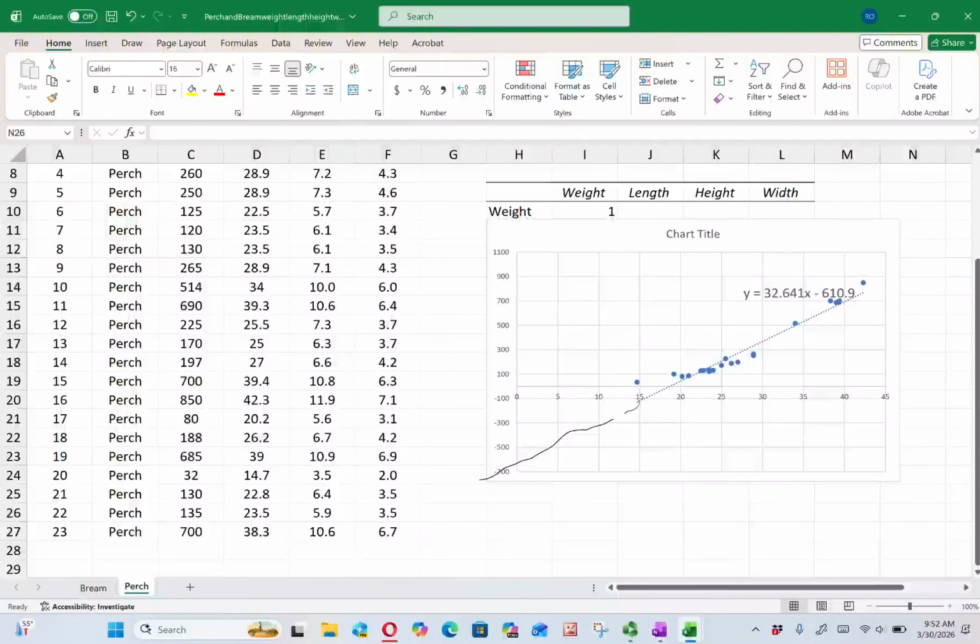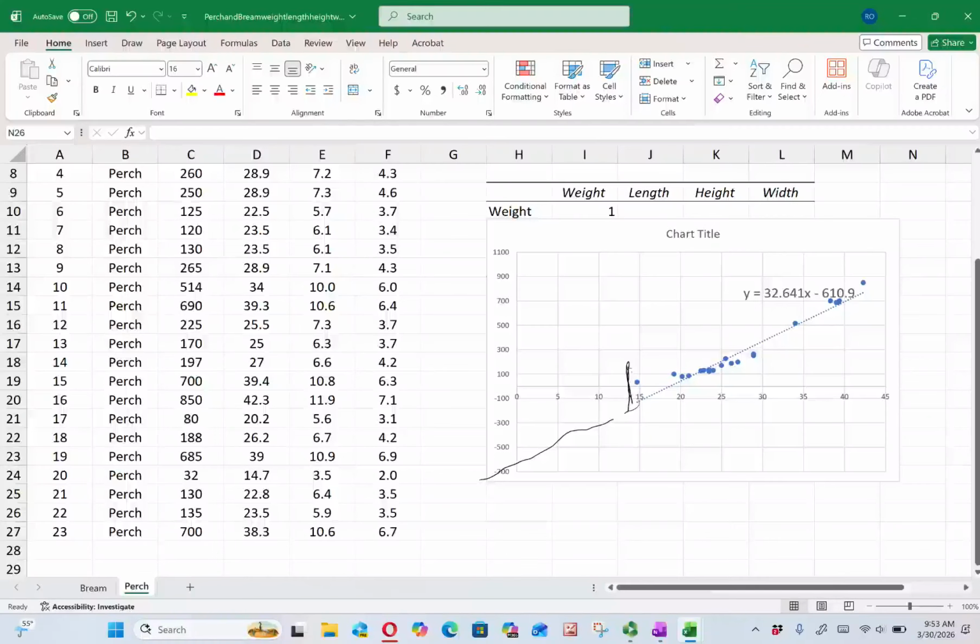We can't deal with any fish less than 15 centimeters in length because we don't have the data. We don't know what it looks like. All we know is that for the part we're looking at, we get a change of weight with a change in length of 32.6 and the intercept of minus 611 means nothing. It actually means that if the fish has 0 length, it weighs minus 611 grams.